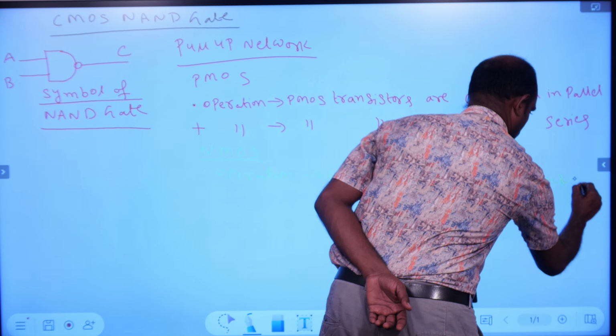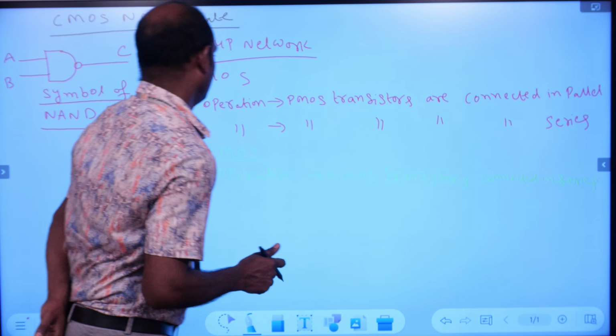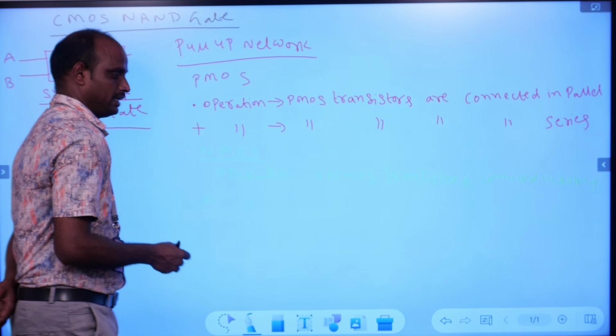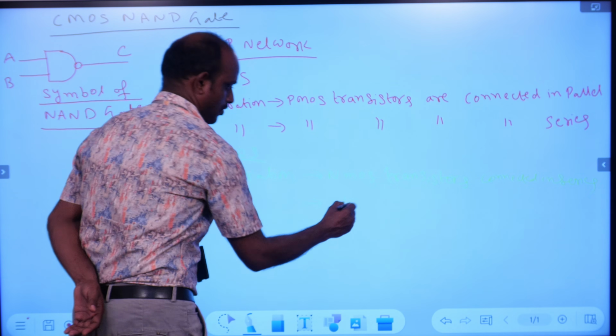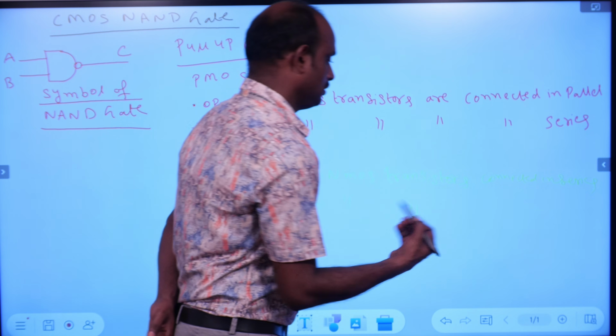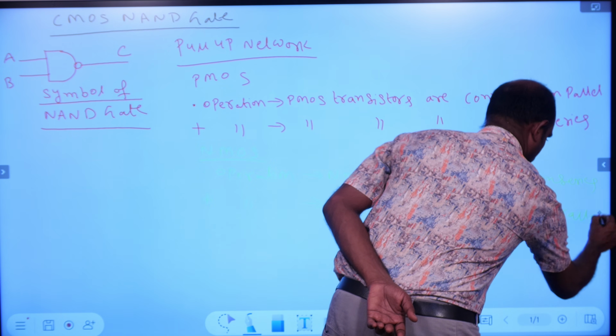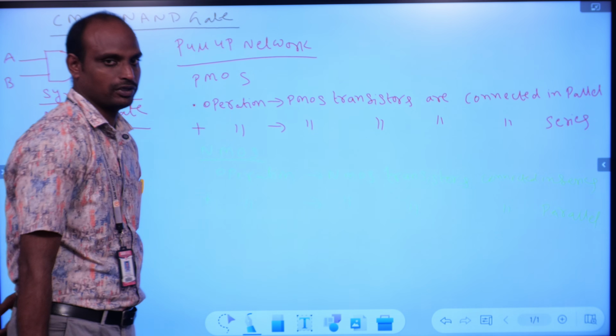Where PMOS are connected in parallel, for plus, that is the OR operation, NMOS transistors are connected in parallel. Completely opposite. If NMOS is connected in series, PMOS should be connected in parallel.